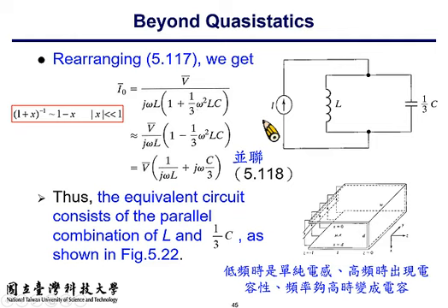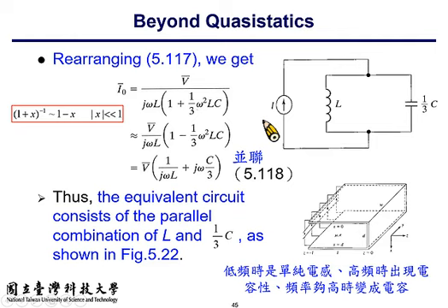So suppose the frequency is non-zero and it's not that large. Then the expression in the 5.117 equation in the previous slide can be written in this one as an approximated value.